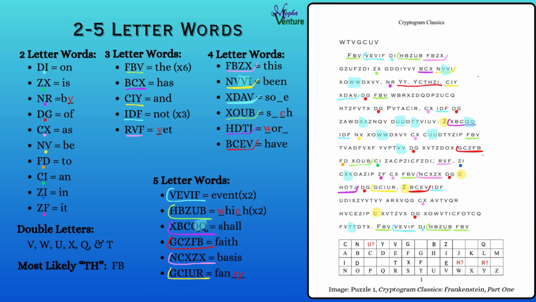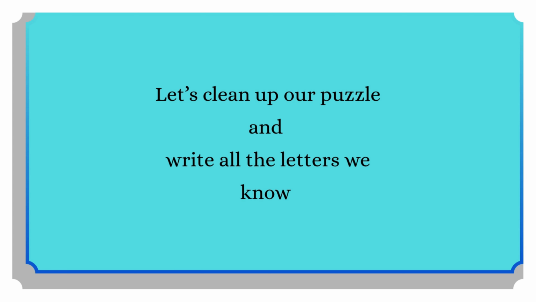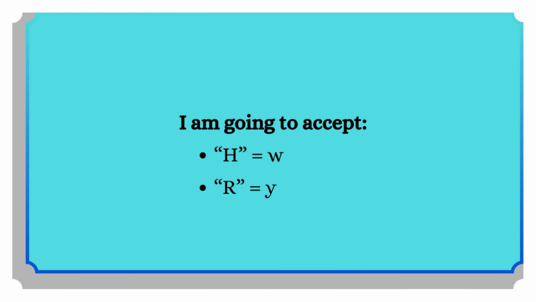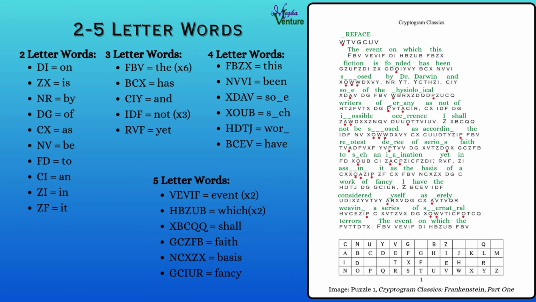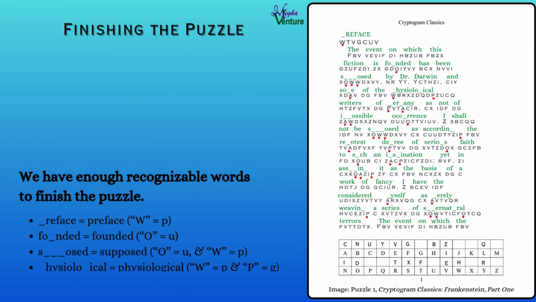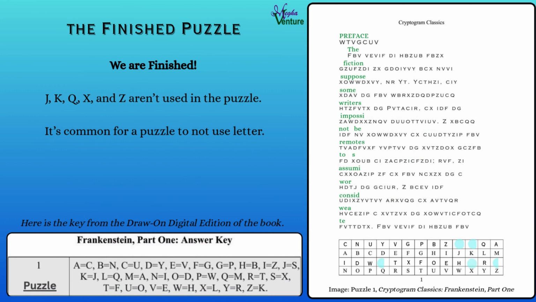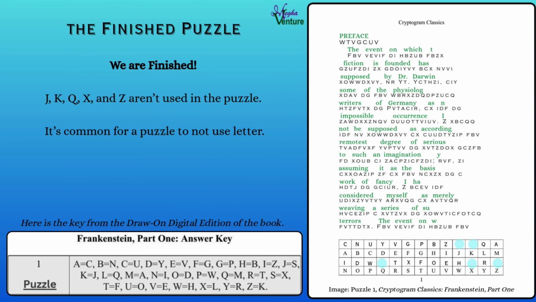It looks like we have found our C, Y, and W. Only two of our found words are still incomplete. Let's clean up our puzzle and look at the whole thing before we accept any more letters as true. Here's our full puzzle with what we know in green. With this I am ready to accept these three letters. That puts us here. We have enough to finish the puzzle. So many words we can see despite their few missing letters. That's it, we're all done. Don't worry about the missing letters, they weren't in the puzzle.